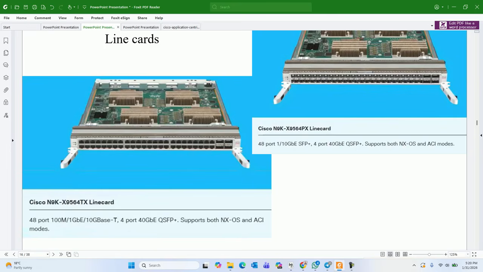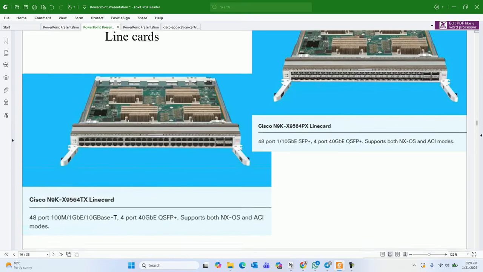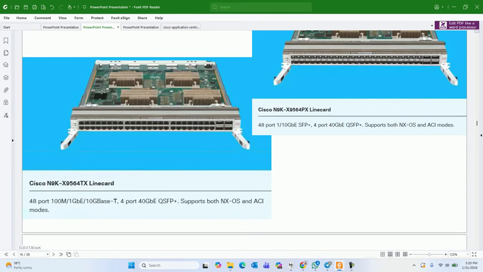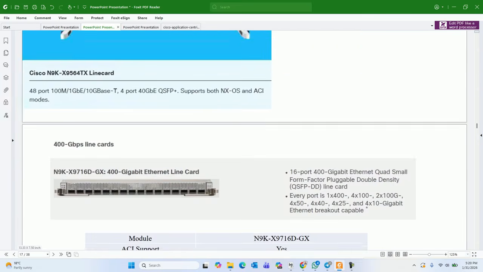Then here you have the Nexus 9K 9564TX. This is also one of the line cards available here.